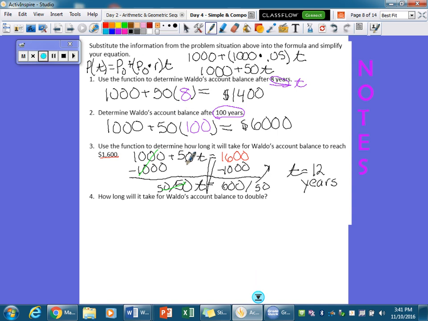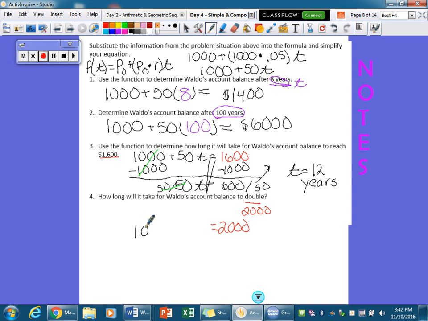All right, so now, how long for Waldo's account balance to double? Well, if it's doubling, and I started with 1,000, it's going to be 2,000. So I'm going to set my equation equal to 2,000.